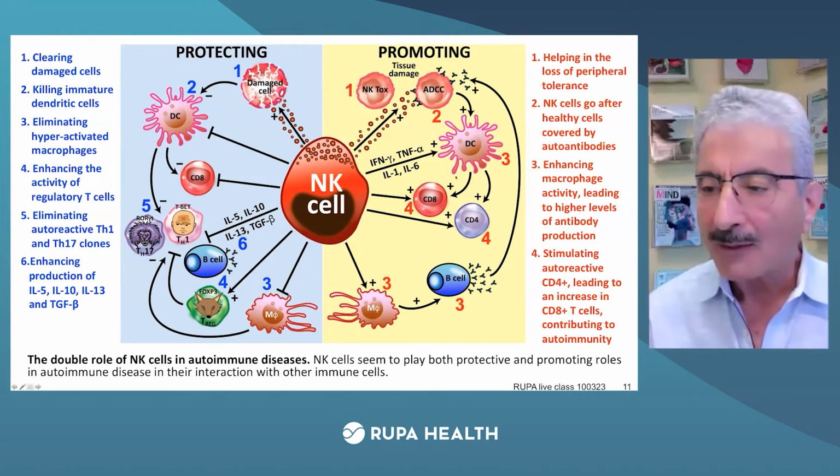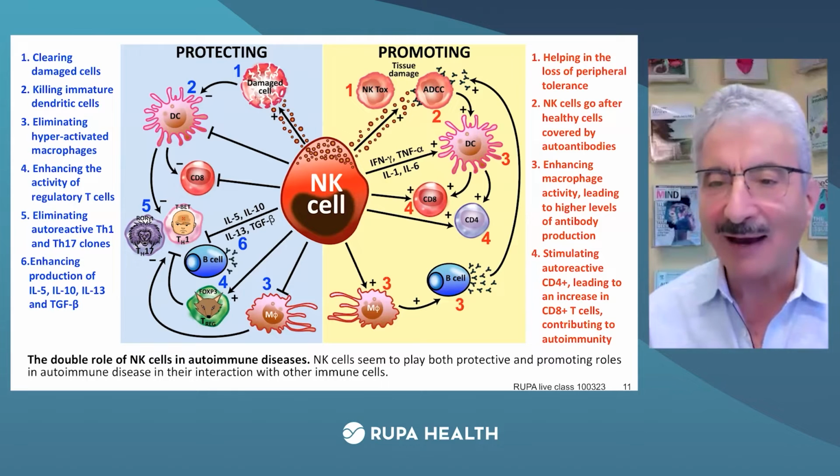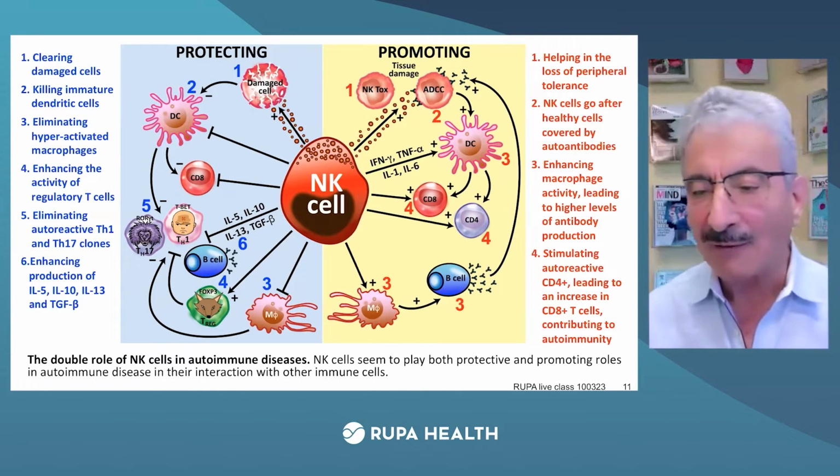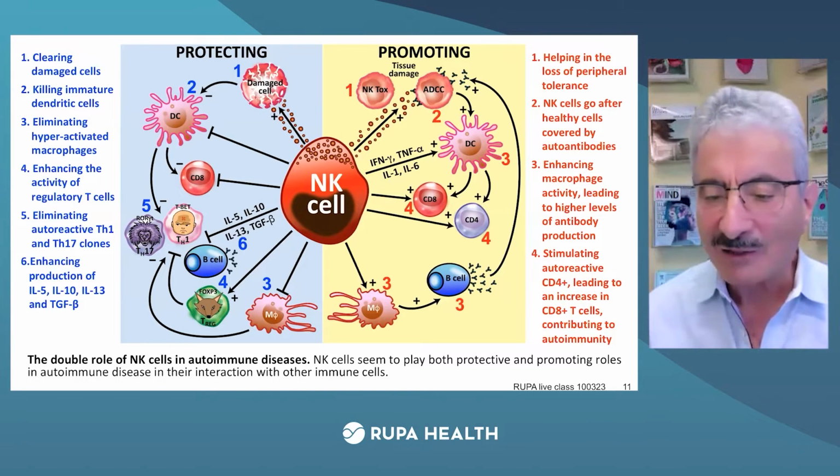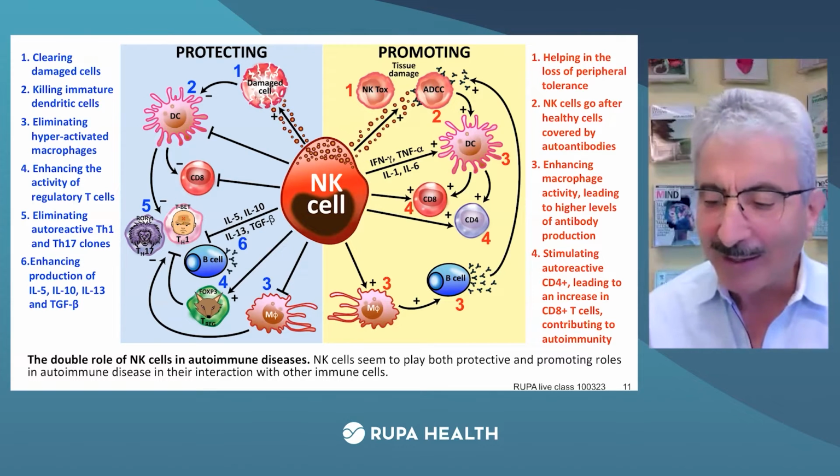Also, enhancing macrophage activity leads to higher levels of antibody production by overactivation of CD4 and CD8 cells. Natural killer cells can stimulate autoreactive CD4 and CD8.